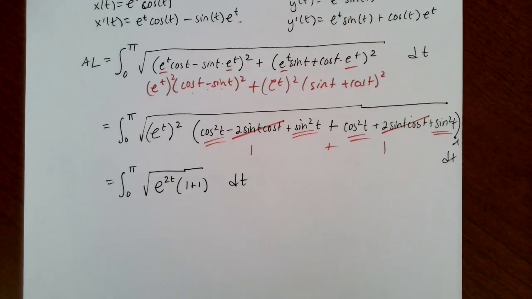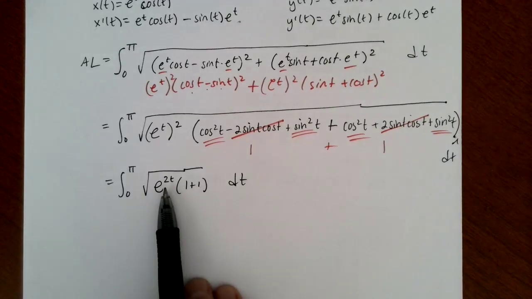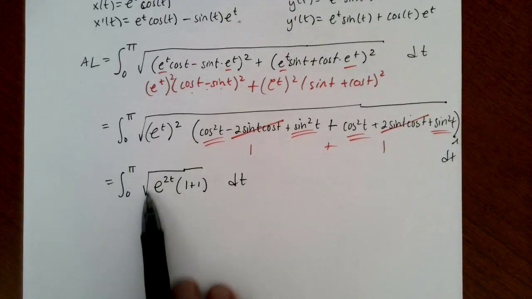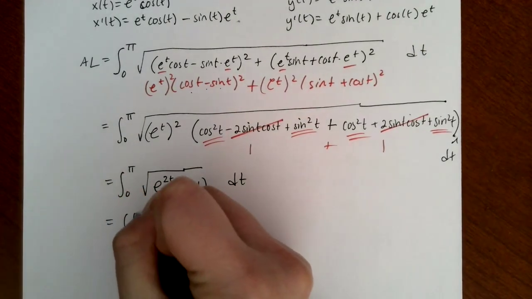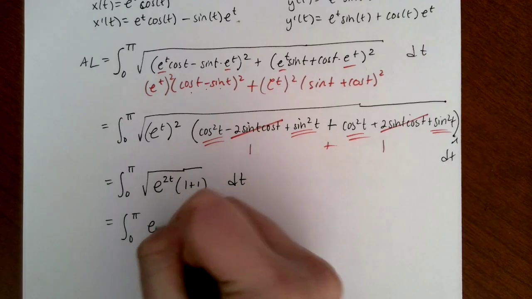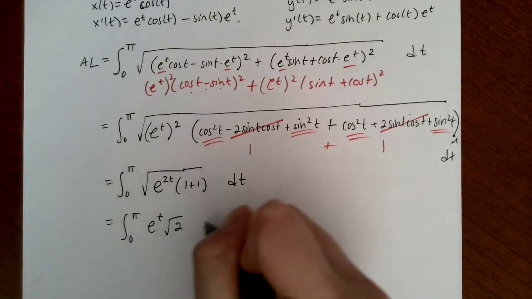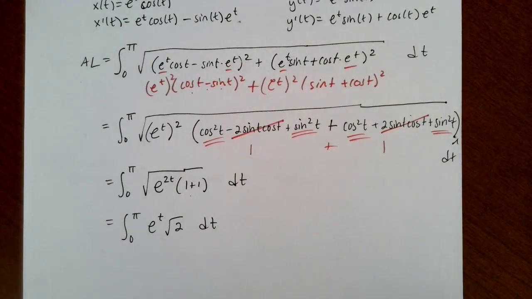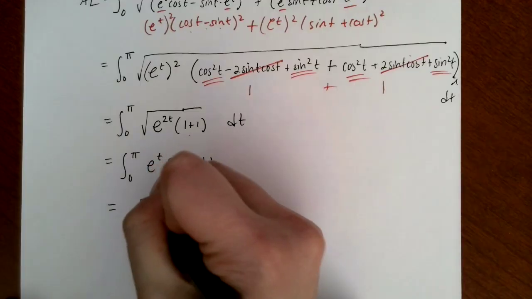We're almost there. All right, so of course, 1 plus 1 is 2. And then we also have e to the 2t under the square root, which is going to cancel out the 2. So the most simplified we can write this is e to the regular t outside of the square root, and then the 2 is still under the square root. Now the antiderivative step is pretty straightforward.